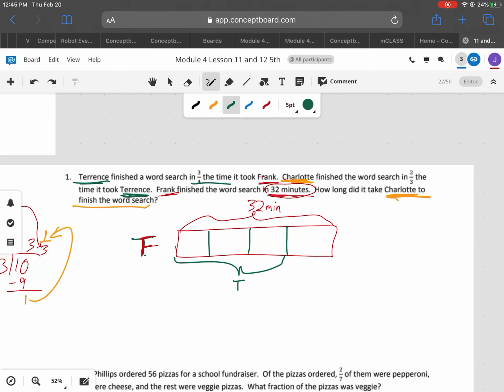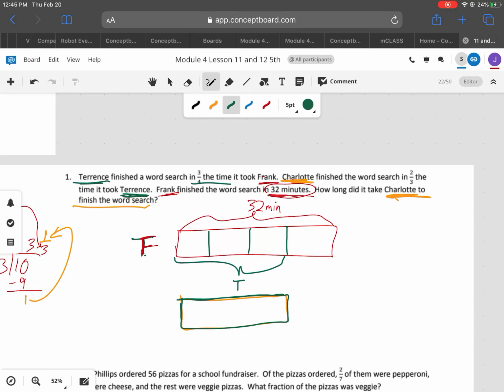Okay, once we figure out that answer, we're going to use Charlotte finished her word search in 2/3 the time that it took Terrence. So Charlotte, so this is actually Terrence's, if I'm not mistaken.